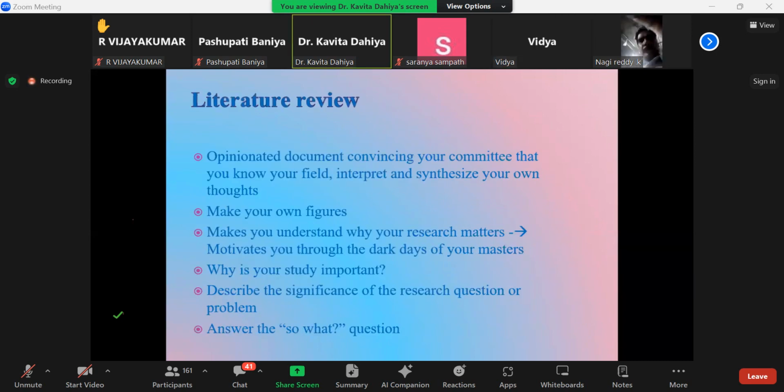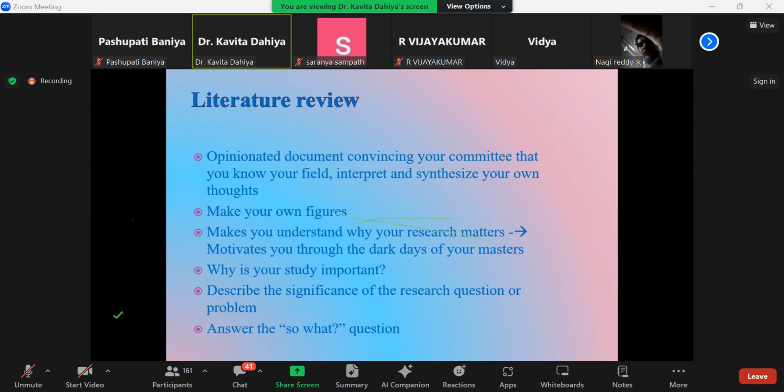A document convincing your committee that you know your field. Interpret or synthesize your own thoughts. It is also very important to make our own figures related to the research, and to understand why your research matters, as I told you, because this literature review also assists you in finding out the gap in the society.